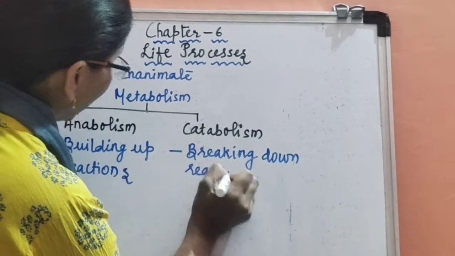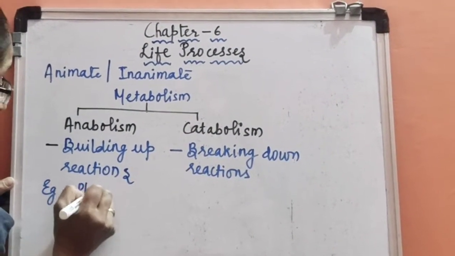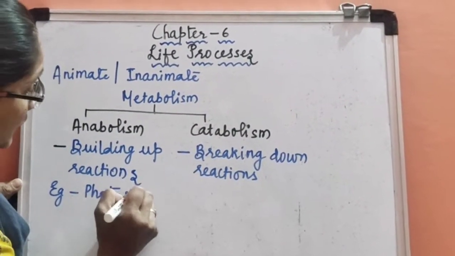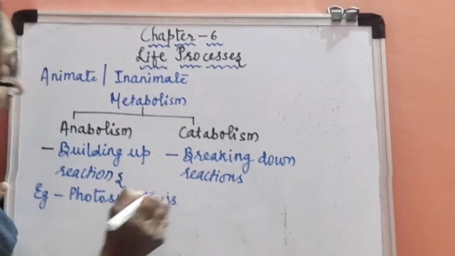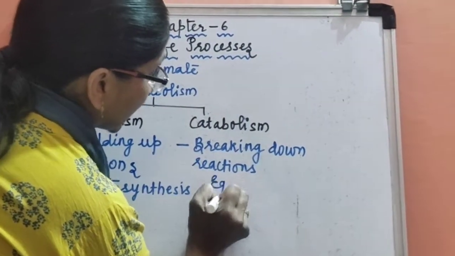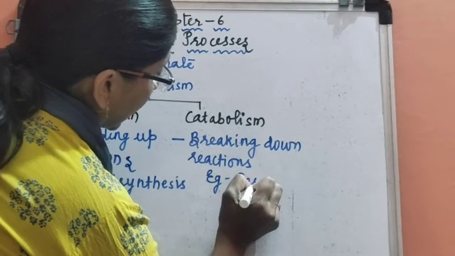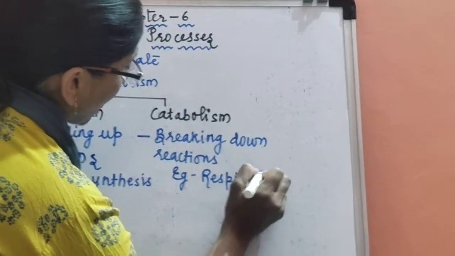Now the example of anabolic reactions is photosynthesis, where glucose is produced along with the byproducts, that is water and oxygen. Whereas when we talk about catabolism, the example is respiration, where the oxidation of glucose takes place.